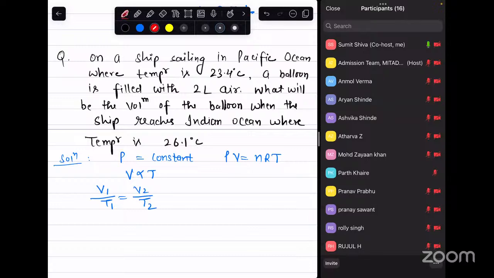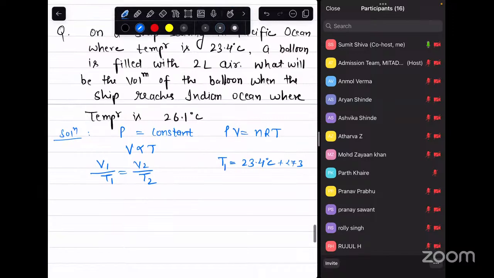But remember that if you are using Charles law, you have to take temperature T in Kelvins. So we have to convert temperature to Kelvin. So temperature T1 is 23.4 degrees Celsius. Add 273.